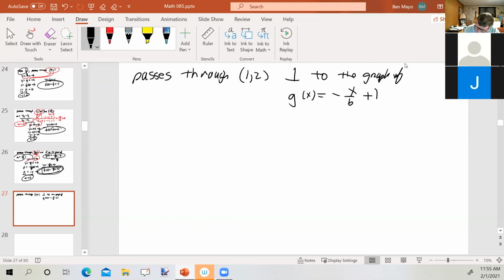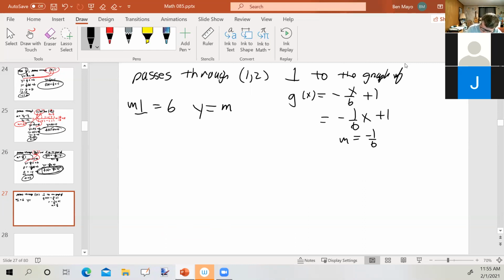Well, -x/6 is like -1/6 x. So the slope of this would be -1/6. What about the slope of the line that's perpendicular? If the original slope is -1/6, the perpendicular line slope would be 6, right, 6/1 or just 6.